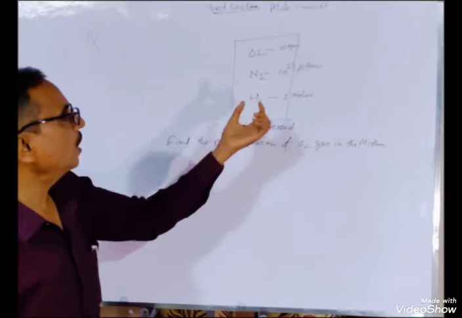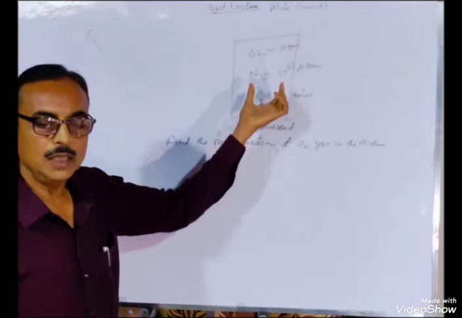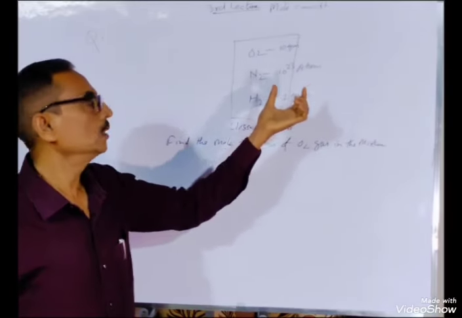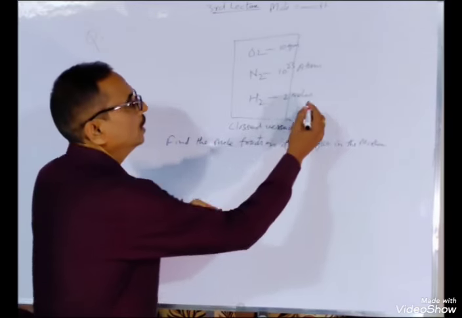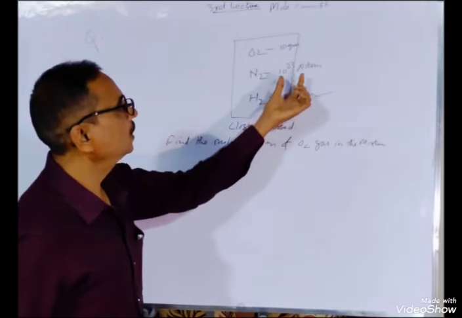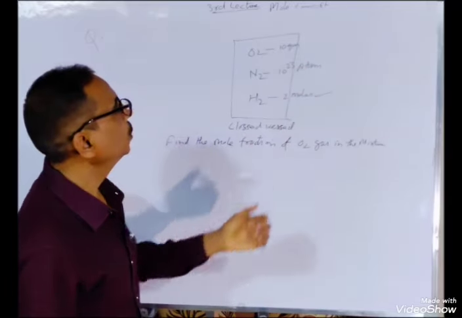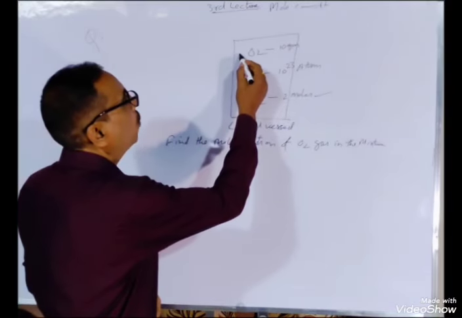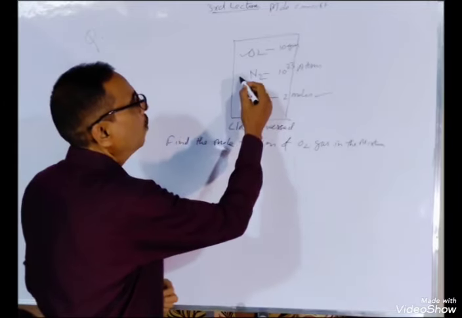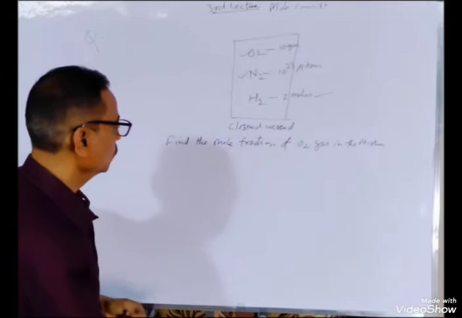So first we convert all these into gram moles. Here this is in gram moles, this is in atoms and this is in terms of weight. So first we calculate the moles of O2 and moles of nitrogen.